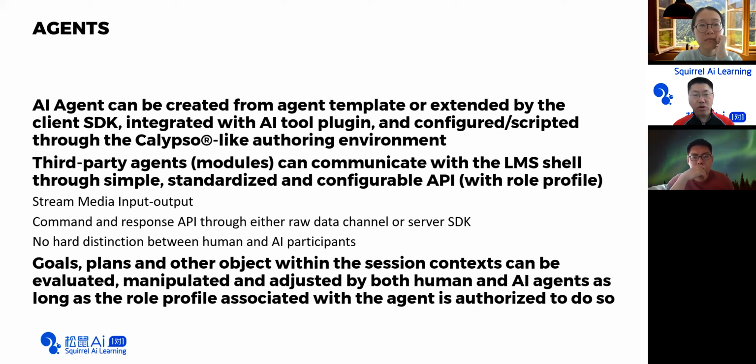There is also no hard distinction between human and AI participants, so they are all first-class participants in this environment. The goals, plans and other objects within the session context can be evaluated, manipulated and adjusted by both human and AI agents, as long as the role profile associated with the agent is authorized to do so.